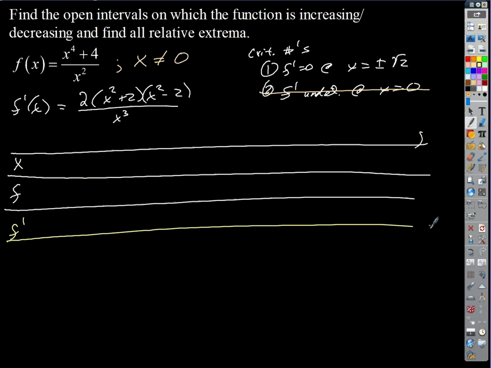Okay, so first of all, what's our domain, did we say? All reals except 0. So at 0, the function is undefined, right? Okay, so we don't have to consider that one. We had critical numbers at plus or minus the square root of 2. So we'll just add those in, square root of 2 and negative square root of 2. Those are places where the first derivative was equal to 0, okay? So what does that tell us immediately?